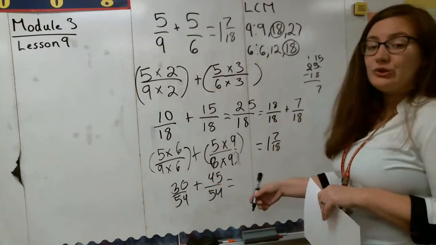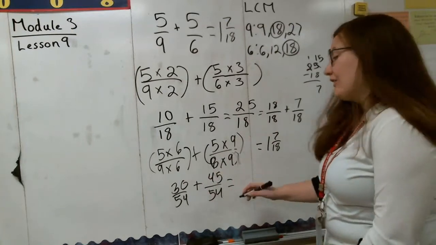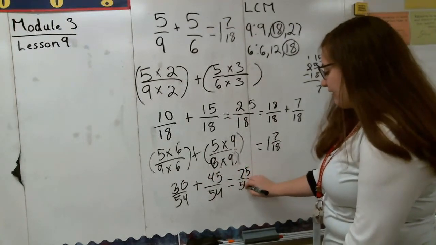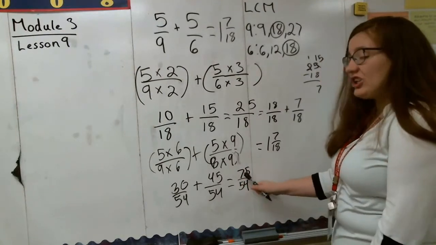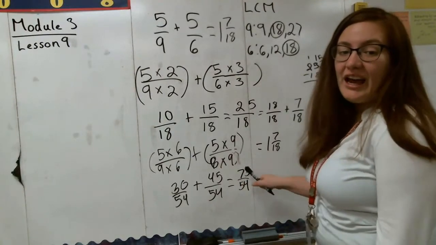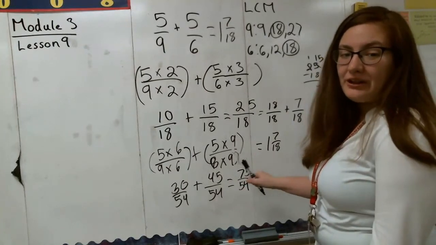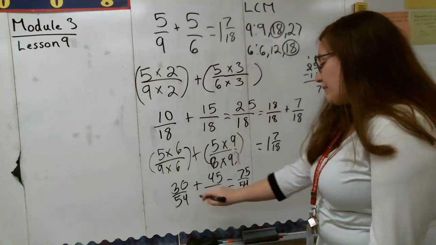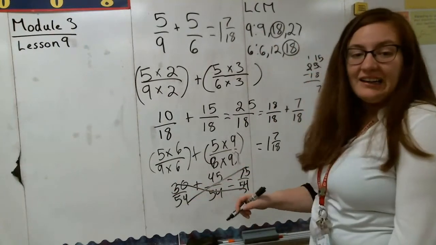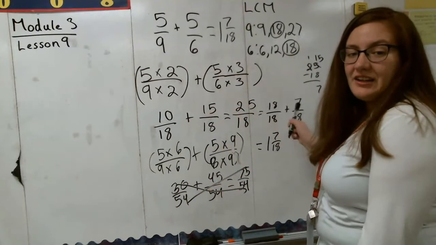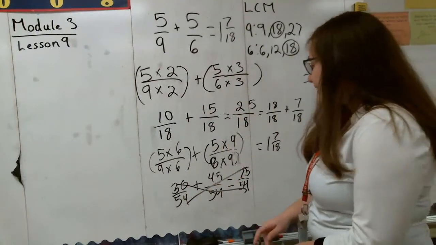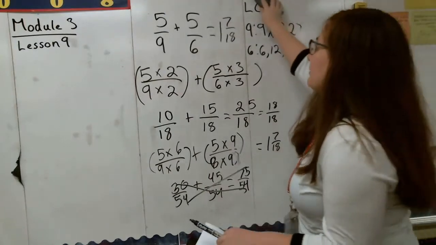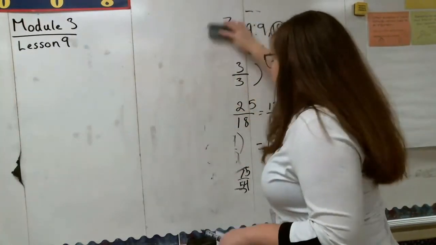I would then have to add all of this up, which would give me 75/54ths, and then you would need to change this into a mixed number and then also simplify that. So by using the LCM, we skip this really hard step right here, and we just make it a little bit easier for ourselves. So let's go ahead and erase this, and we're going to move on to our last problem together, which is on the back.